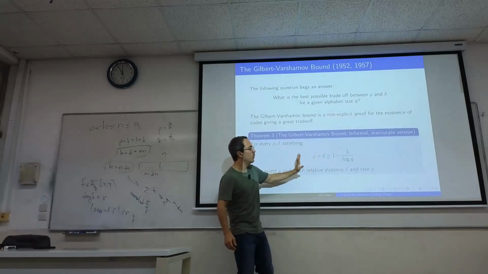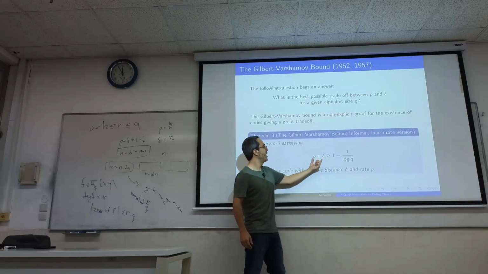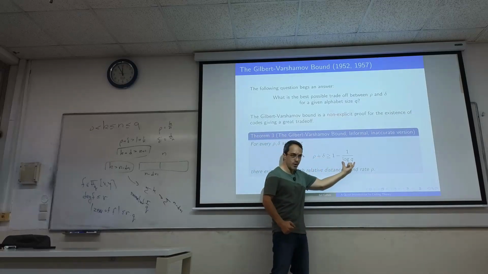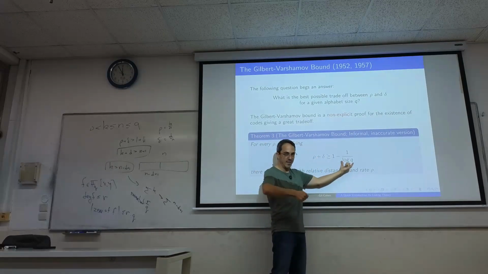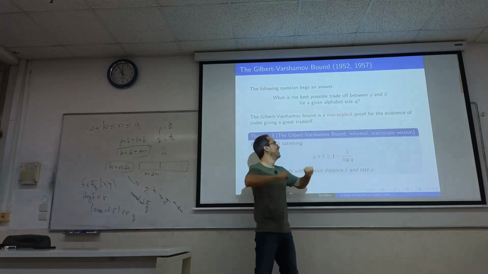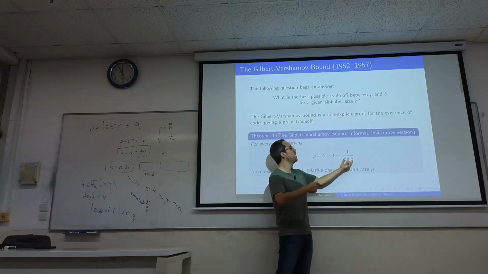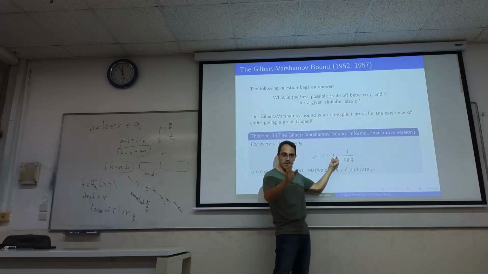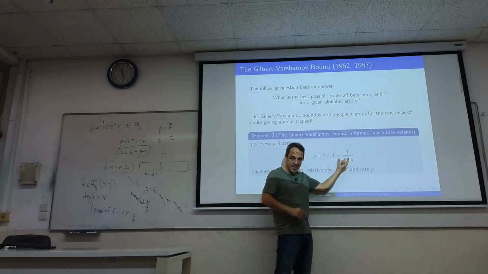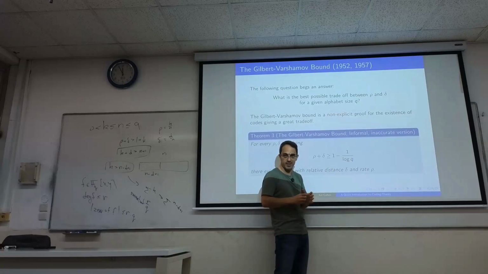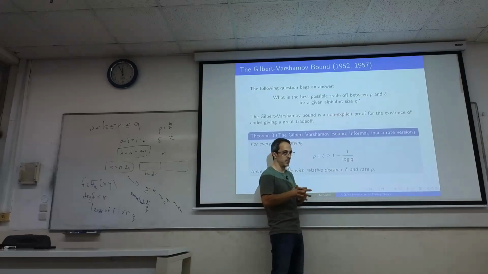So essentially what happens is that for a field size q, there is always this loss of 1 over log q. You can't get to 1. I mean, sorry, no. These codes give you a code that gets quite close to 1. Sorry, my bad. And the loss that they have is inverse to the logarithm of the field size.